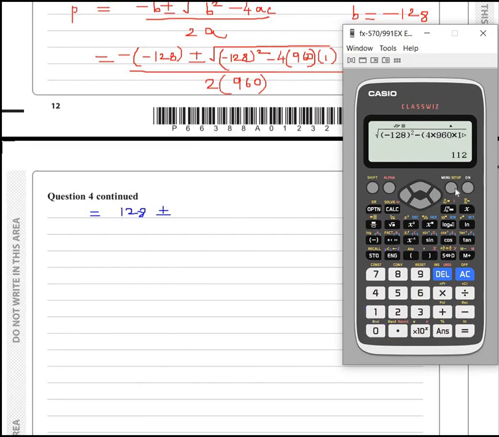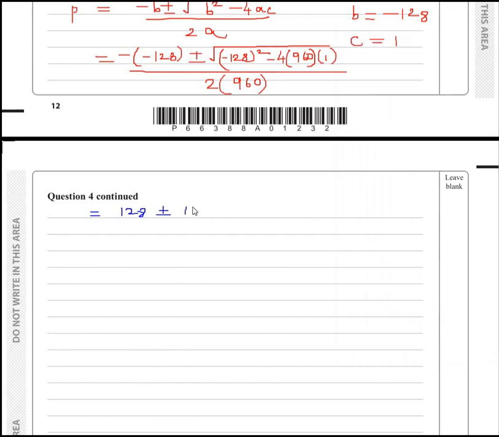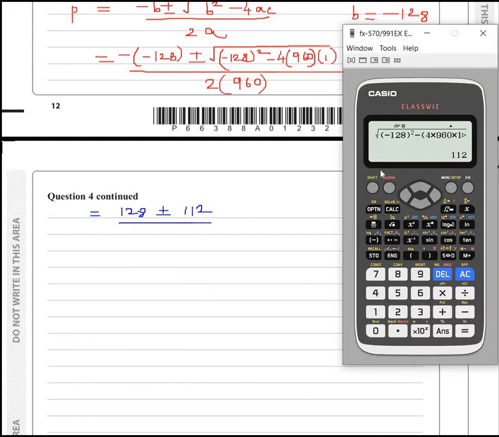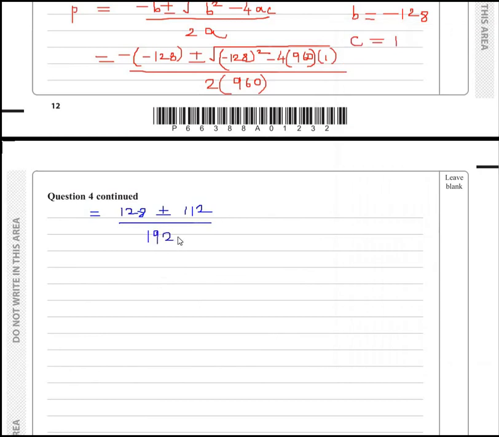Let us see what we get. We get it as 112 over 2 multiplied with 960. That gives us 1920.